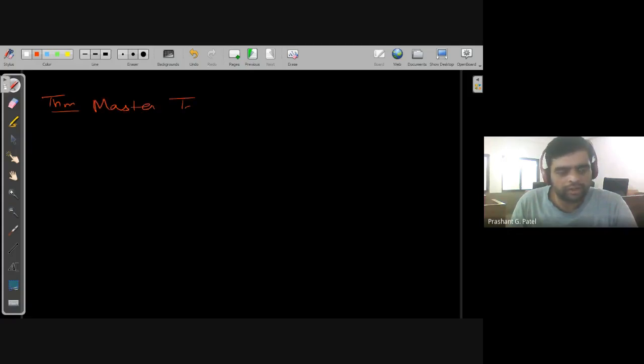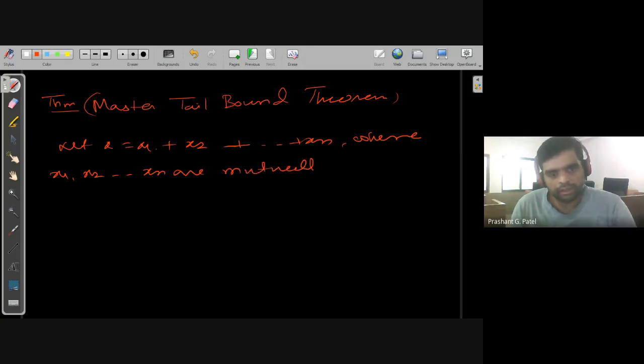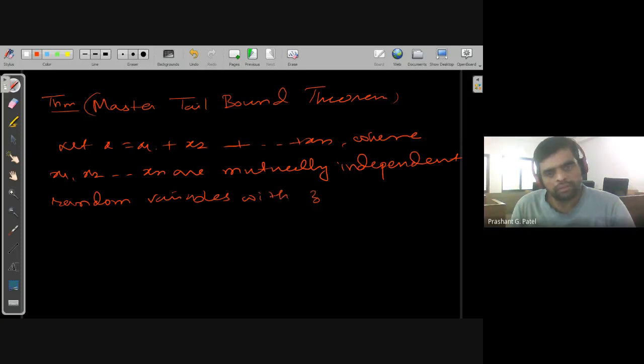The master tail bound theorem: let x equal x1 plus x2 up to xn, where x1, x2 up to xn are mutually independent random variables with zero mean and variance at most sigma square.